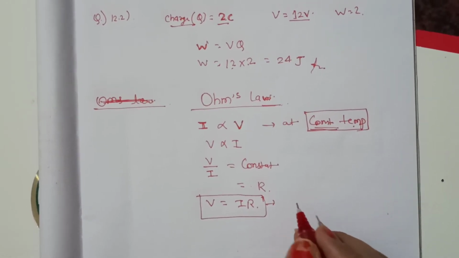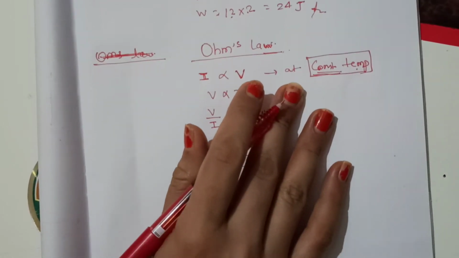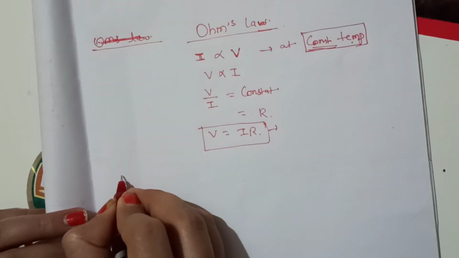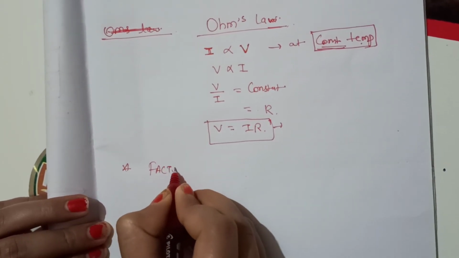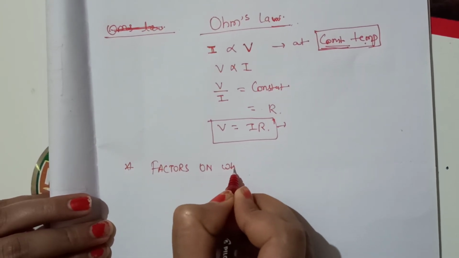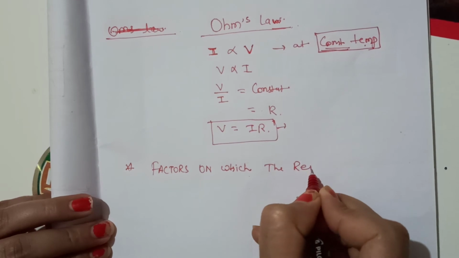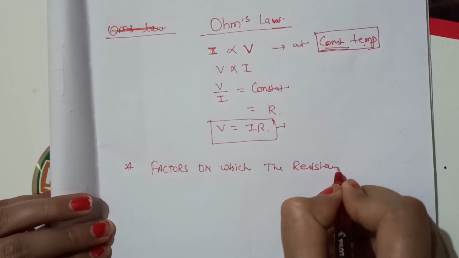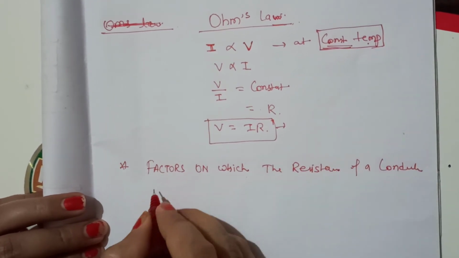So we'll solve some questions on Ohm's law. One important thing: the factors on which the resistance of a conductor depends.